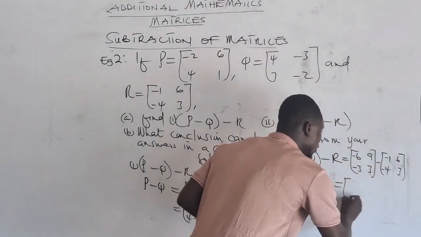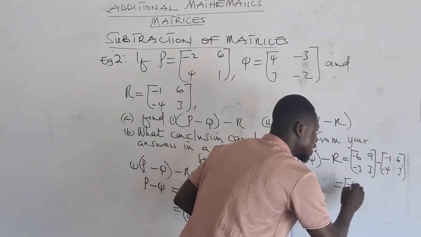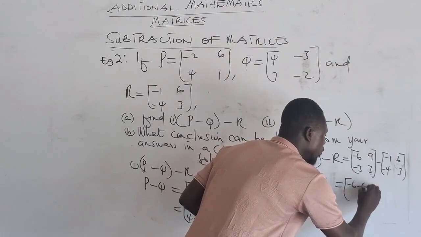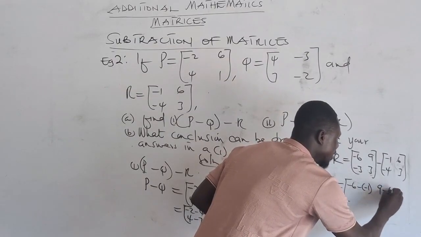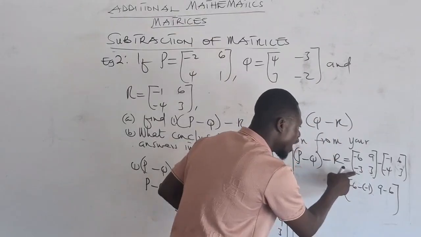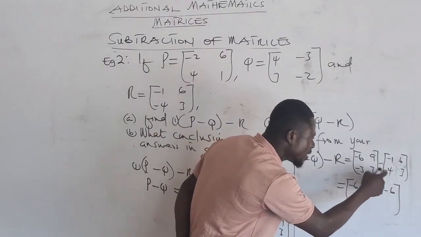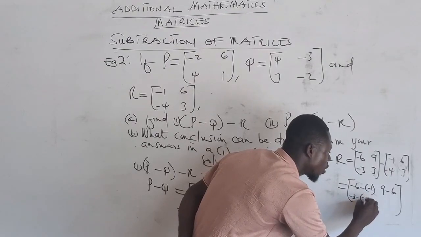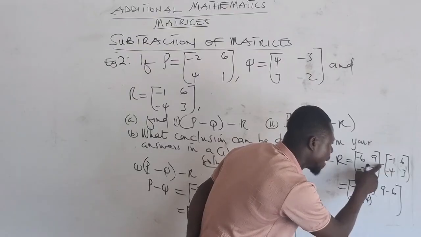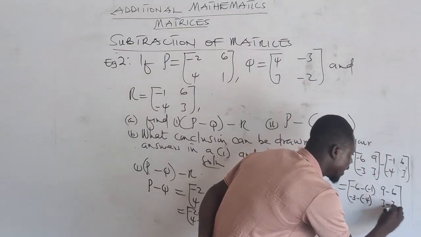So we will have negative 6 minus negative 1. Then we have 9 minus 6. Then when you come here, we have negative 3 minus negative 4. Then we have 3 minus 3.